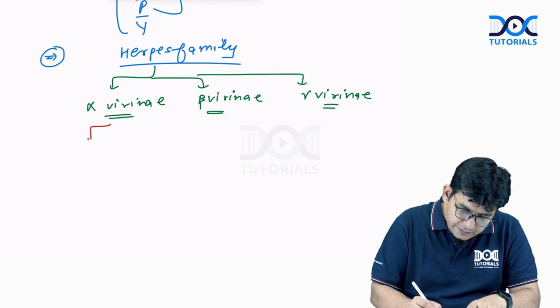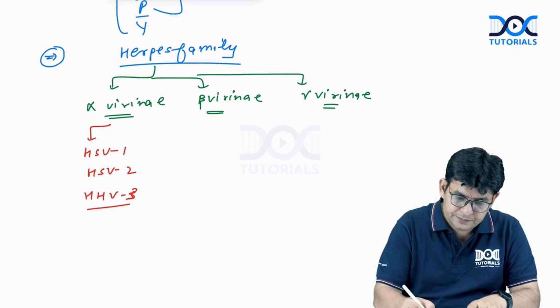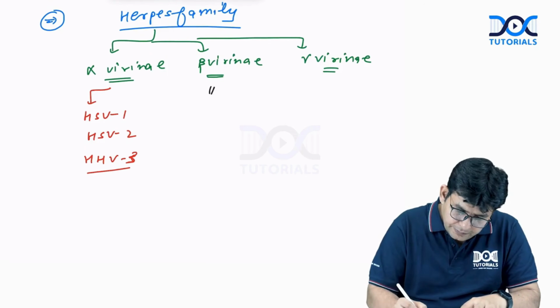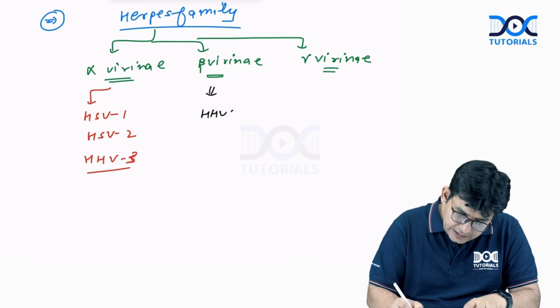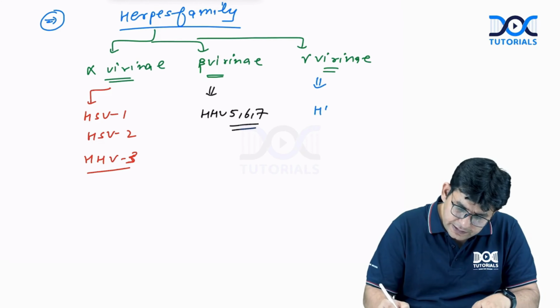In the case of alpha viridae, what comes? HSV1, HSV2, and HHV3. Beta viridae is HHV5, 6, and 7. And gamma viridae is HHV4 and 8.